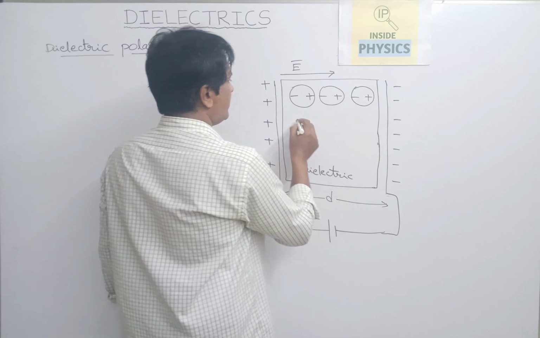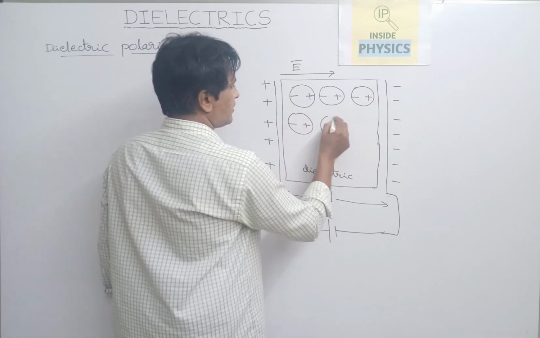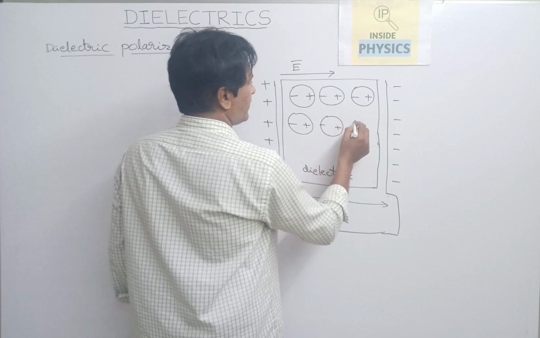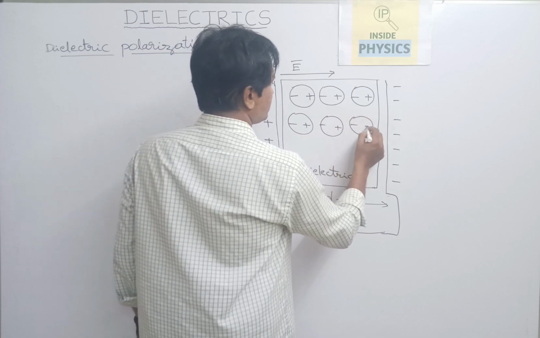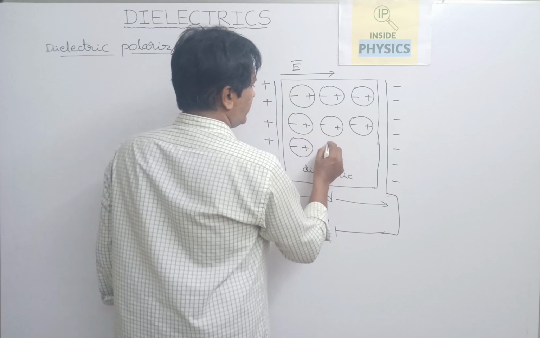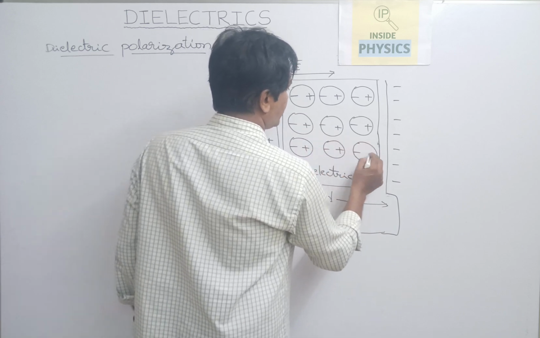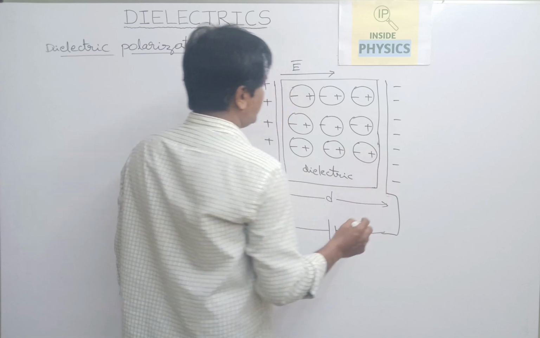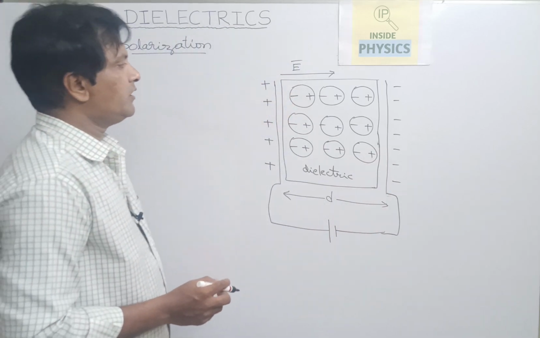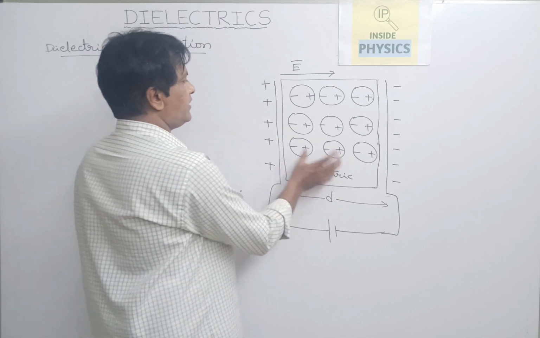The negative and positive charges are displaced according to their Coulombic attractive forces. In this way, the dielectric is polarized by the atoms or molecules present inside it, and you can see the polarization inside and outside.